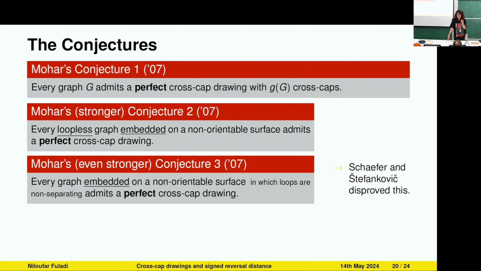How much do you want to allow for the edges to enter a cross-cap? We know you can always embed it with edges entering cross-caps twice at most with this genus.